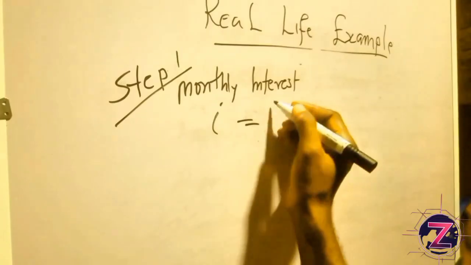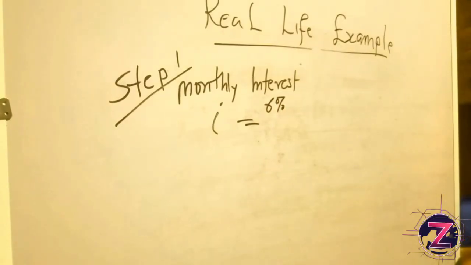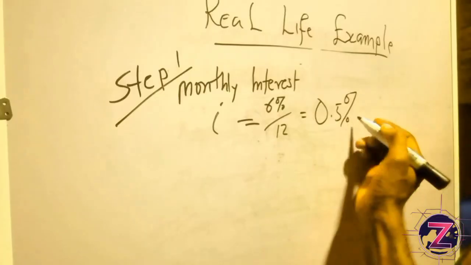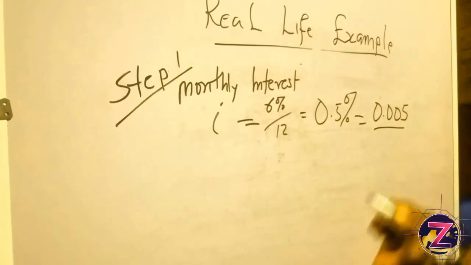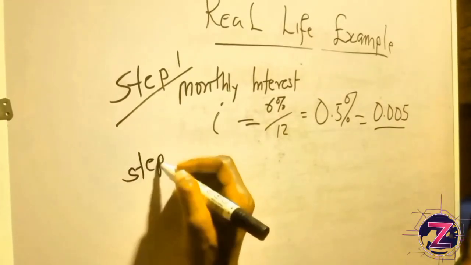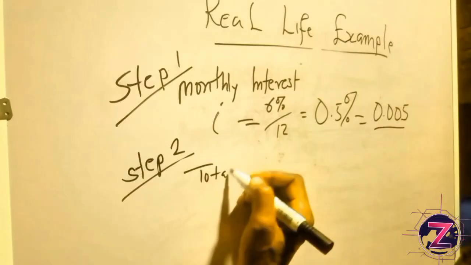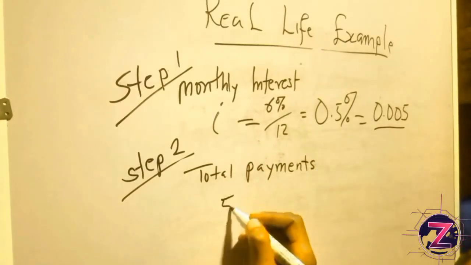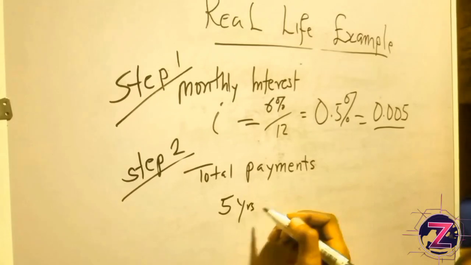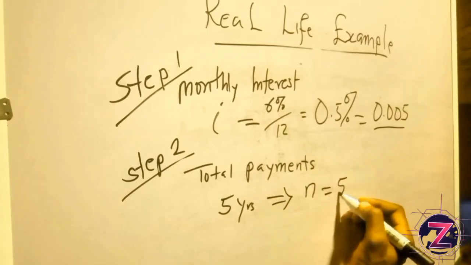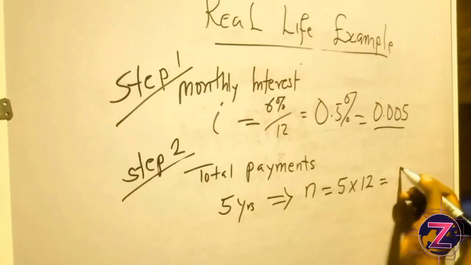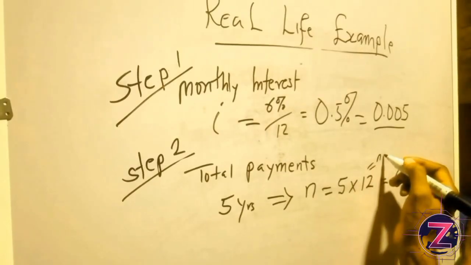I is equal to 6% over 12 months, which is equal to 0.5%, which is ultimately equal to 0.005. Step 2: Total payment in 5 years implies that N is equal to 5 times 12 months, which is equal to 60.